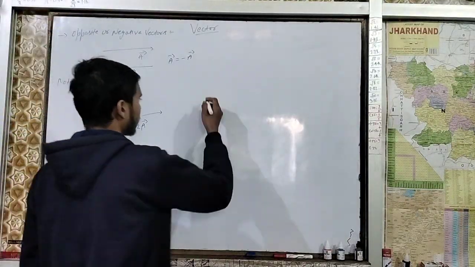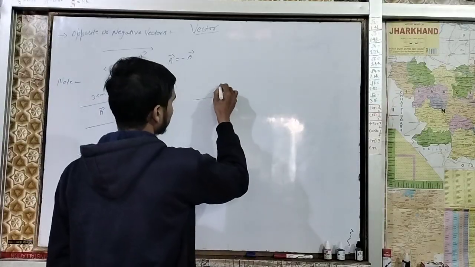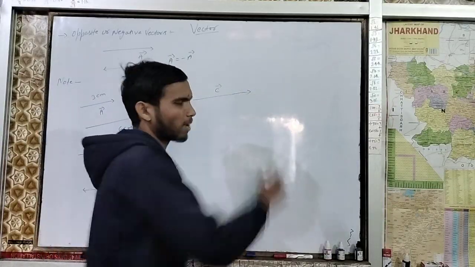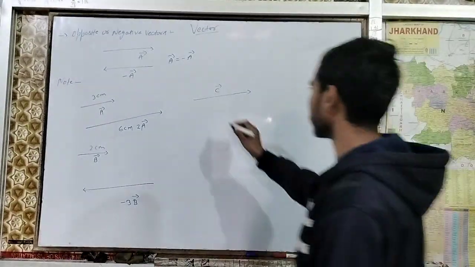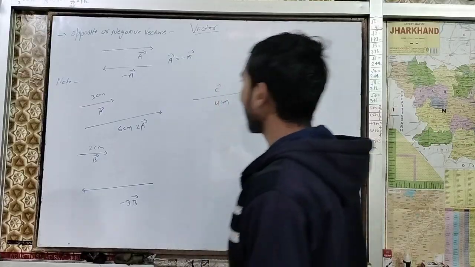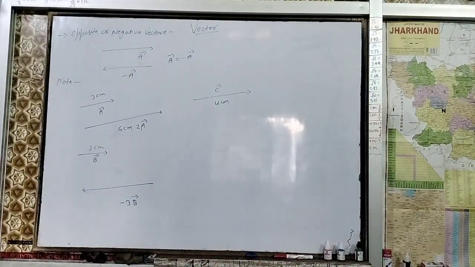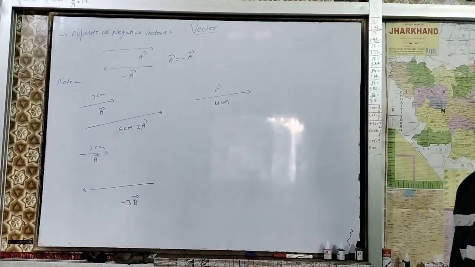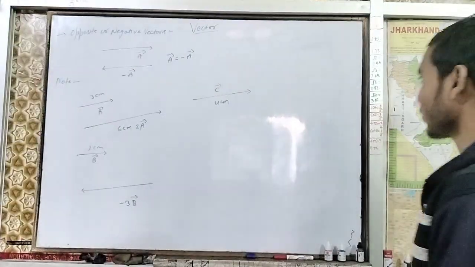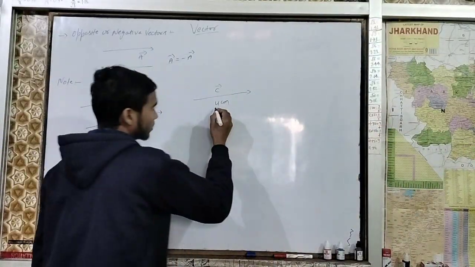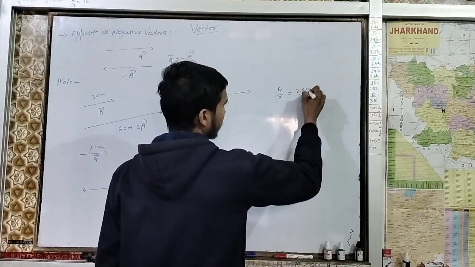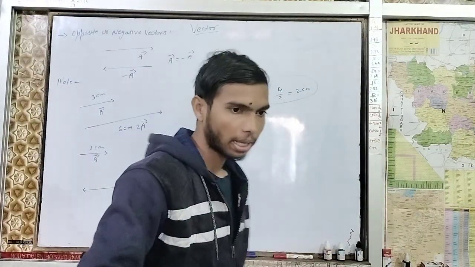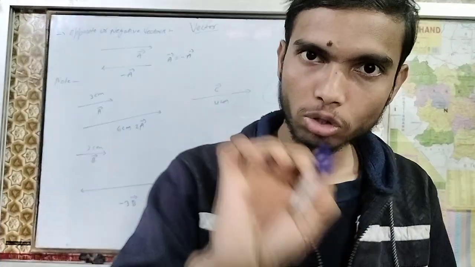For example, we have C vector whose magnitude is 4 centimeter. The question is saying, divide this C vector by 2. If you divide this 4 by 2, your magnitude will be 2 centimeter. It is saying make a line segment whose magnitude should be 2 centimeter.